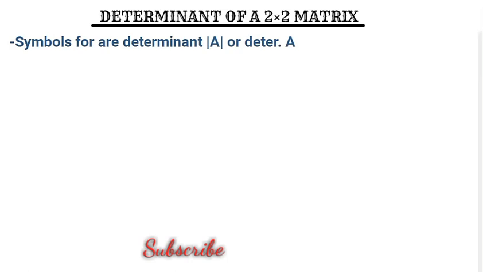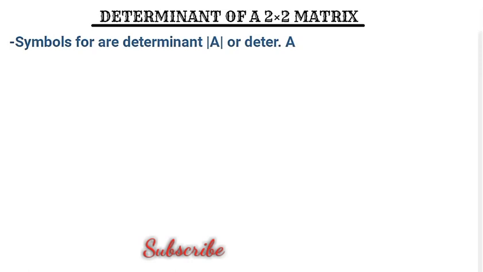When we say A in between the straight lines, it can be any name of a matrix. It can be B, C, but the name of the matrix, the letter, is put in between the vertical straight lines.